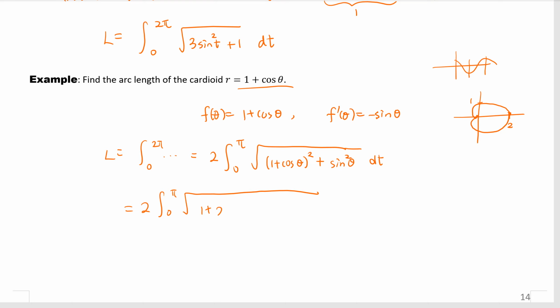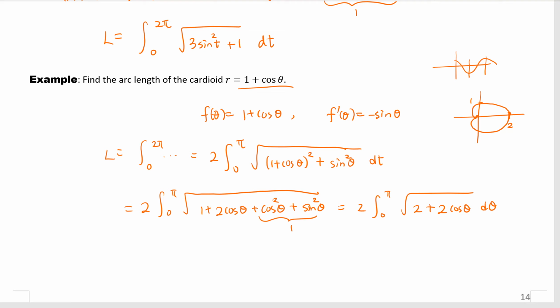So 1 plus 2 cosine theta plus cosine squared theta plus sine squared theta, but every time we see sine squared plus cosine squared, that is 1. And then we have 2 plus 2 cosine theta. Okay, how can we continue?